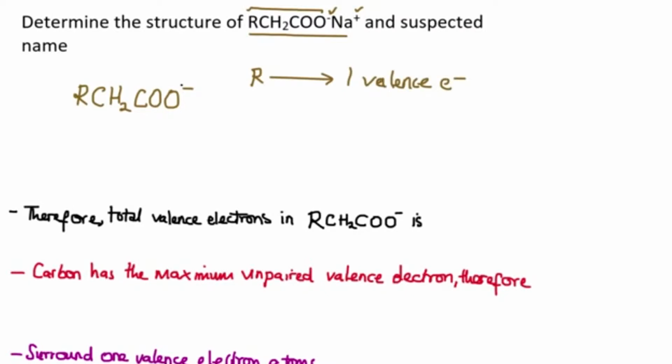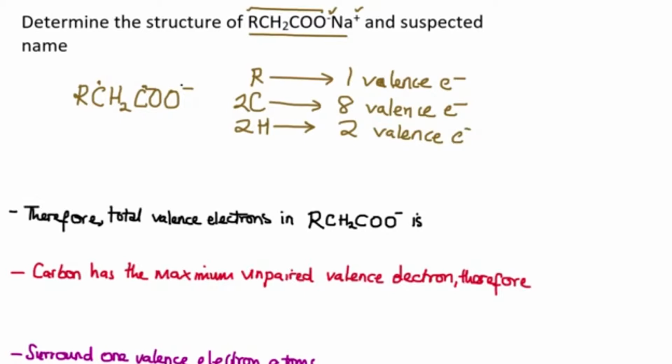I'll just make this four A, and then our carbon, since we have two carbons, 1 and 2, it means that we're going to have 4 times 2, which gives us 8 valence electrons. Then we have 2 hydrogens, which means that each hydrogen will contribute 1 electron, and in total 2 valence electrons.